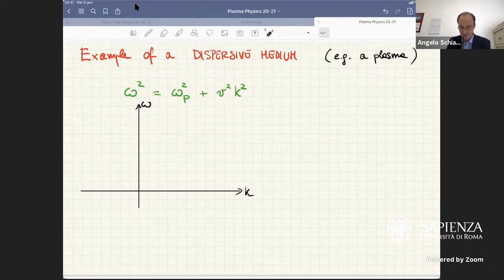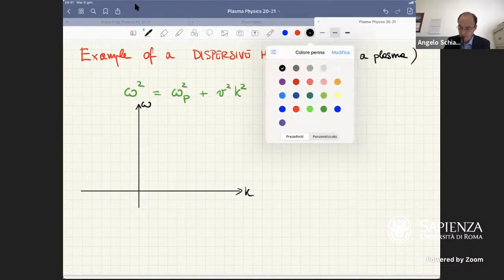So we don't have the negative part for the angular frequency, but we can have both positive wave numbers k and negative wave numbers, representing progressive waves and regressive waves with respect to the spatial direction x.